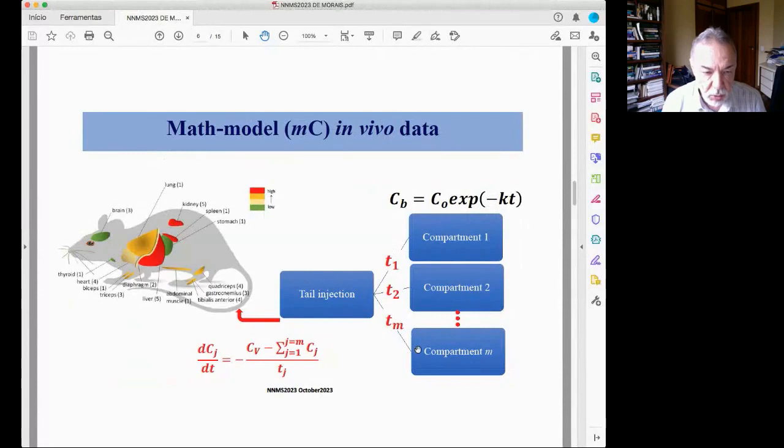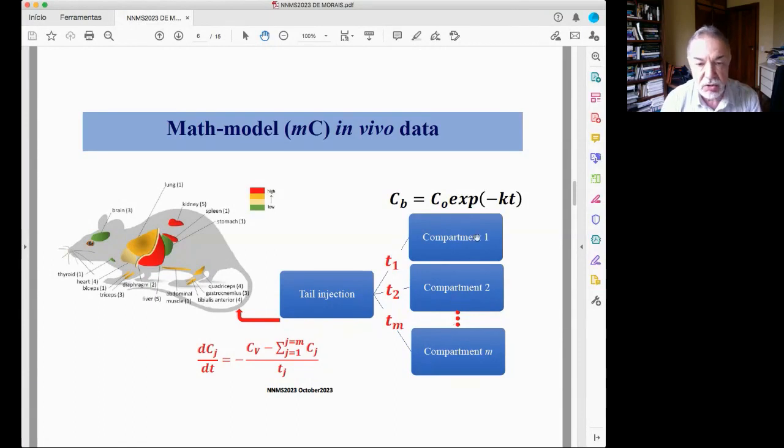We can sophisticate the experiment a little bit more. So instead of looking only at the nanoparticle concentration in the blood circulation as a function of time, we would like also to investigate where those nanoparticles go after they leave the blood circulation.